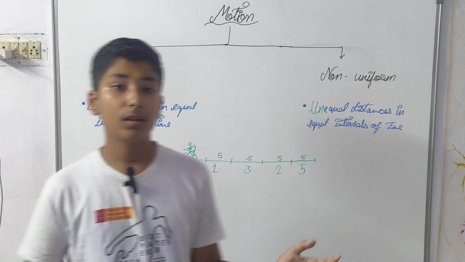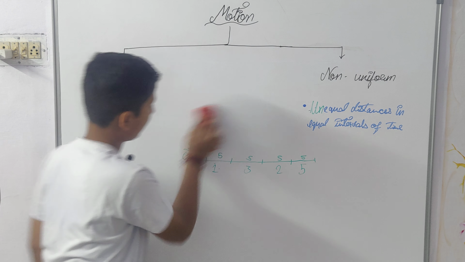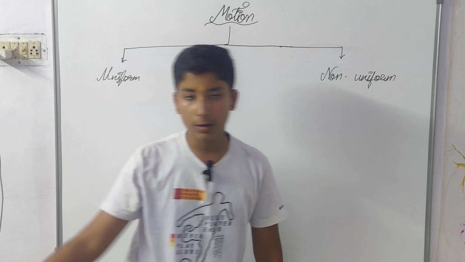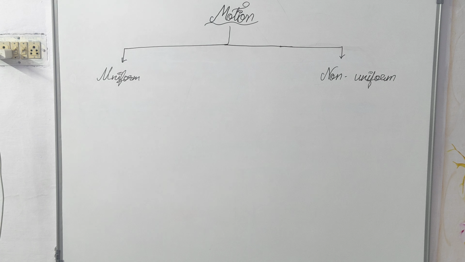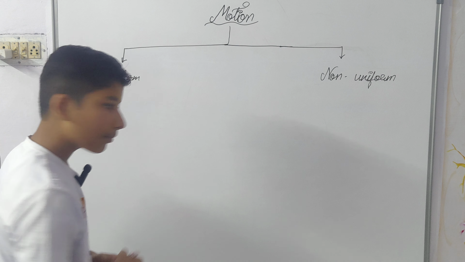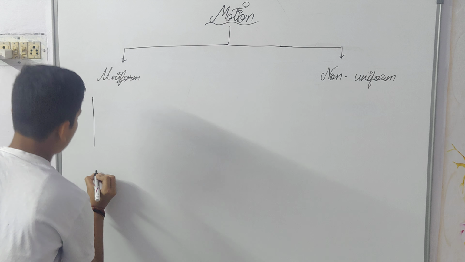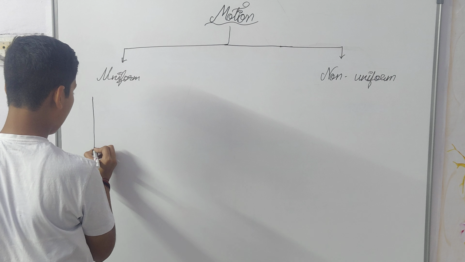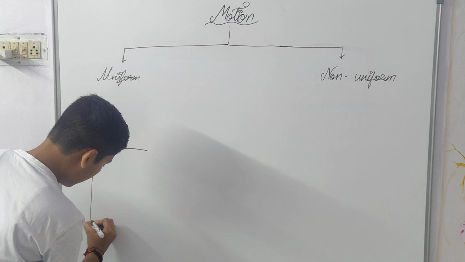Now let's see the graphs. I will have to erase this. So you all know there are two types of graph normally. First one is the distance time graph, and the second one is the velocity time graph.